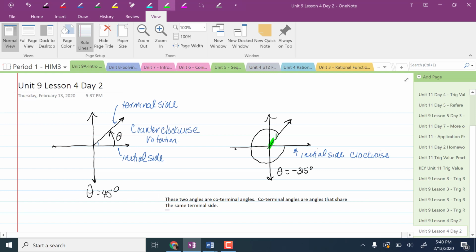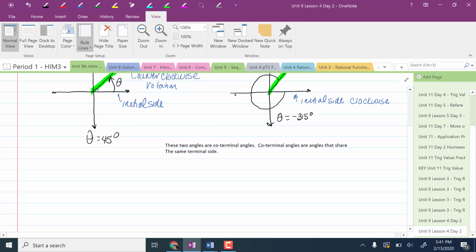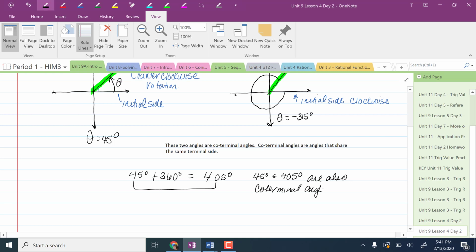If we look at our example here, these two angles, we put them on the same coordinate plane, they would map to that same terminal side of the angle. I could find another angle coterminal with 45 degrees by just adding 360 to it. So 45 and 405 are also coterminal angles.